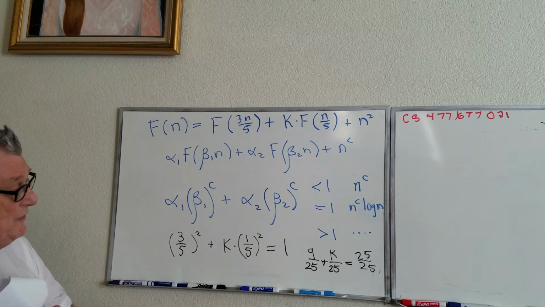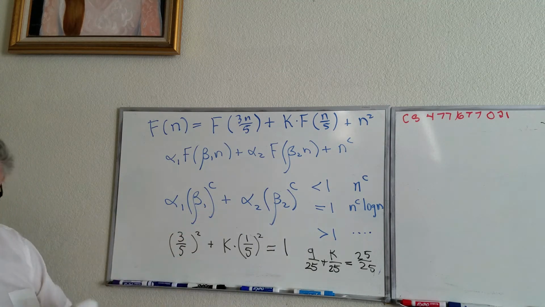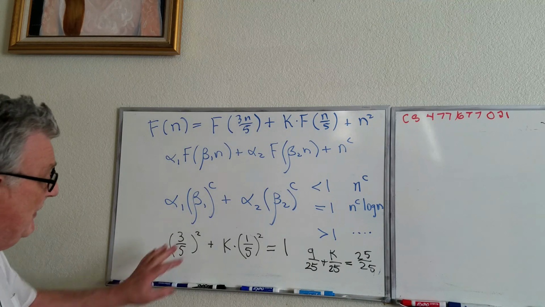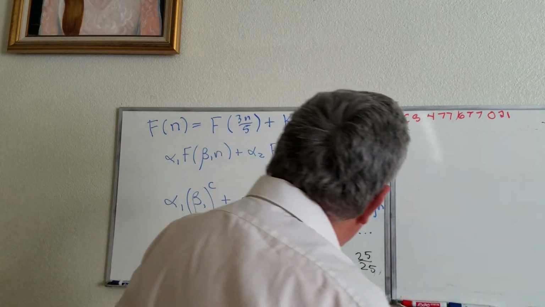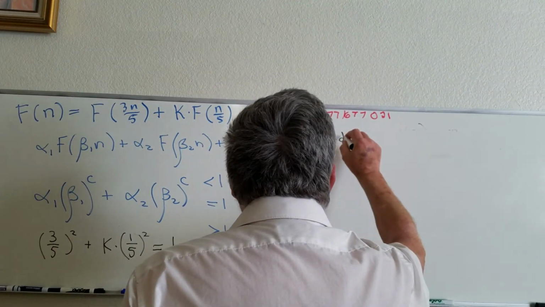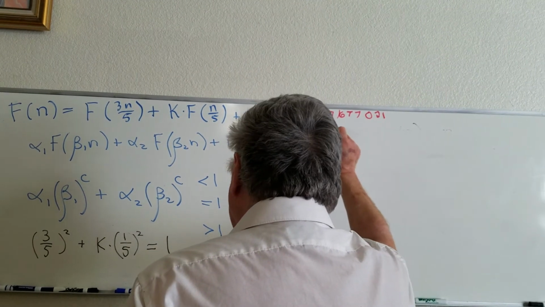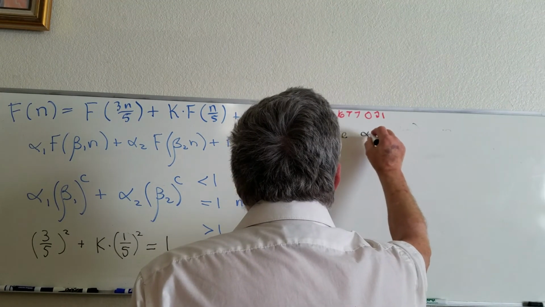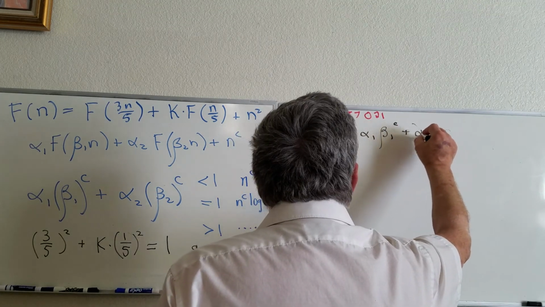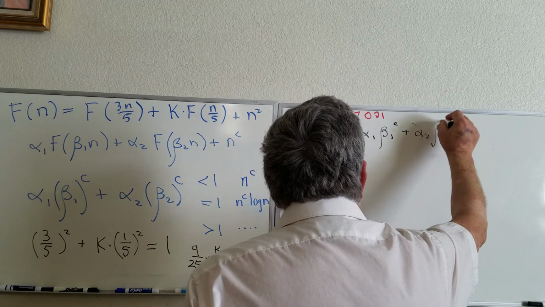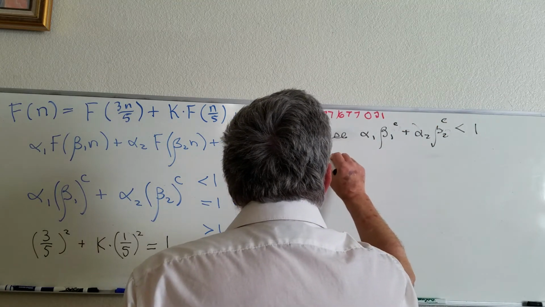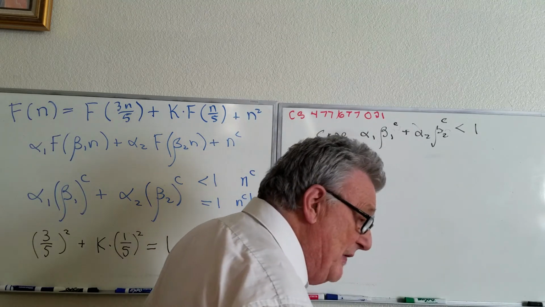Now I told you I would remind you of what the answer is in this other case. That answer is obtained by asking the following question. This is the case that alpha 1 beta 1 to the power of c plus alpha 2 beta 2 to the power of c is less than 1. It turns out the value of c is irrelevant to the answer.